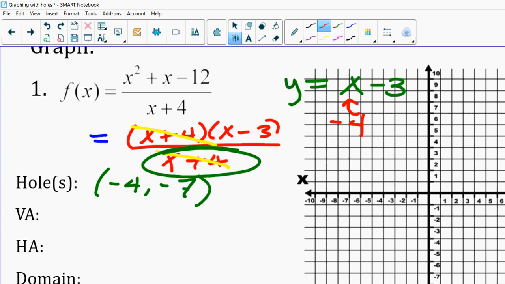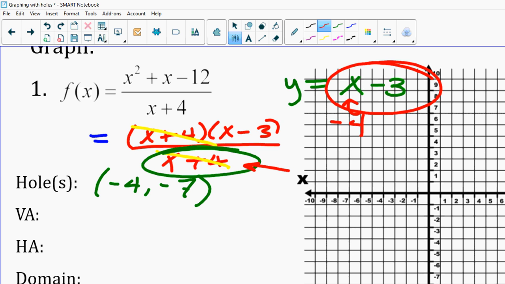So in this case it's -4. And then you just subtract it from the common denominator. To find the y value? To find the y value, you put that -4 into what was left after you factored out the x plus 4. You just put it into what's left.